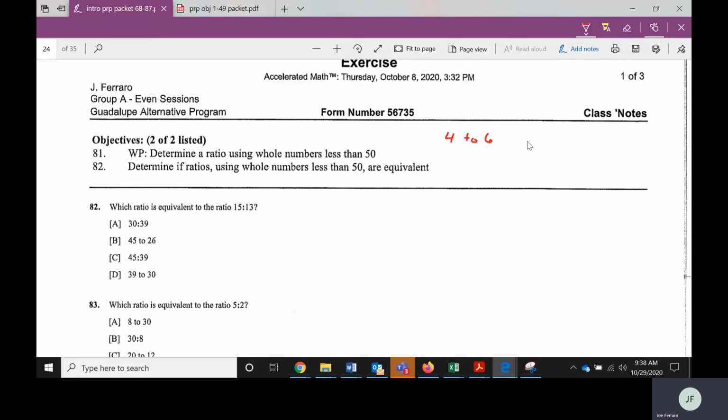So if I said the ratio 4 to 6, or if I wrote it like this with what's called a colon, that is also 4 to 6. Or it can be written as a fraction with the first number on top and the second number on the bottom. So you could say that's 4/6 as a ratio, or you could still say 4 to 6. Also, you should be writing that down. So these are all the same.